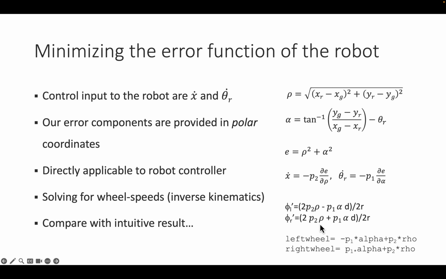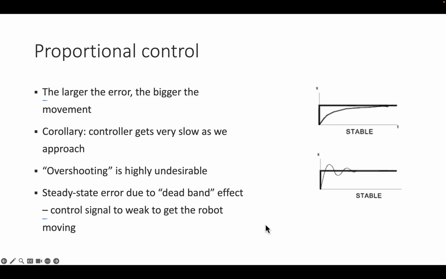And these will be very similar to the intuitive controller that we came up with. So when you look at proportional control, the advantage is that the larger the error, the bigger the movement, but at the same time the controller gets very slow as we approach, because if the error is very small, the movement gets very small.